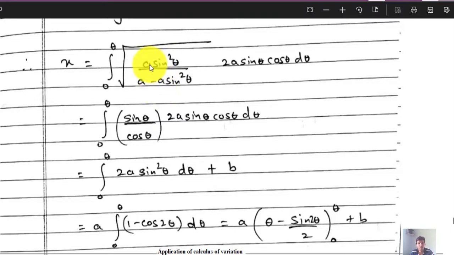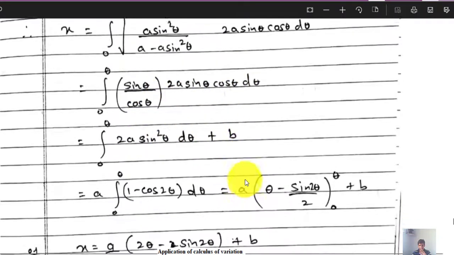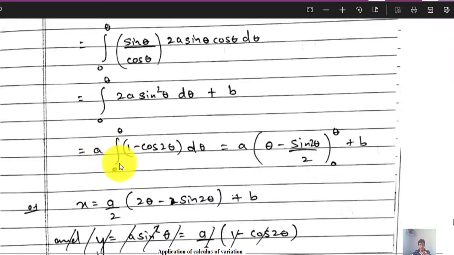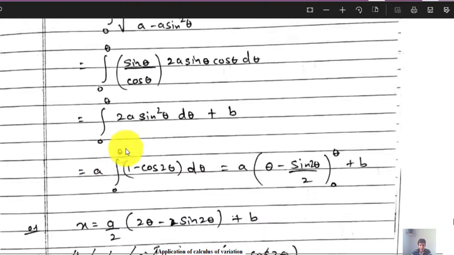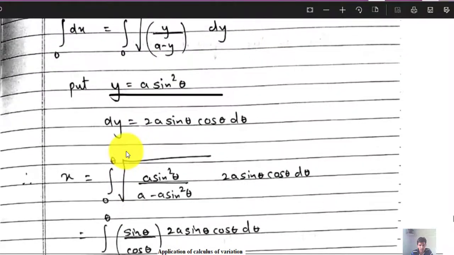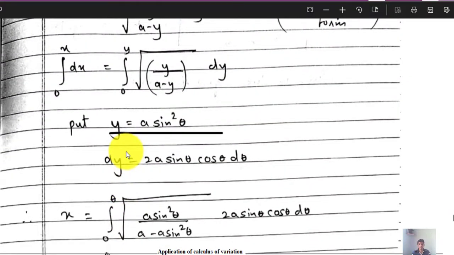See here, if I take a common here and a common here, this a and this a get cancelled, so sine square theta divided by 1 minus sine square theta, so sine theta by cos theta, this square root sign gets cancelled, so 2a sine theta cos theta d theta, so 2a sine square theta, okay, this cos and this cos get cancelled, plus b, so a is equal to 0 to theta, because even you need to change your limits, right?